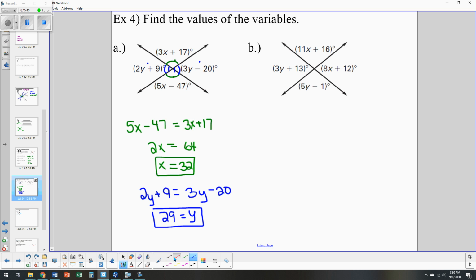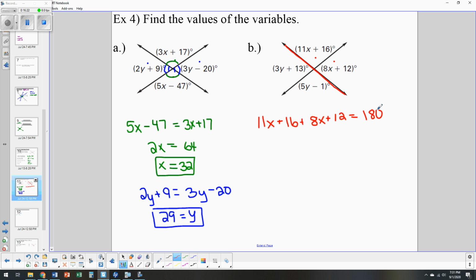When I look at b, I have 11x plus 16 here and 8x plus 12 here. The two angles that both have x in them are adjacent, and they form one single straight line together. So these are a linear pair. So this is going to be set up as a supplementary equation. 11x plus 16 plus 8x plus 12 equals 180.